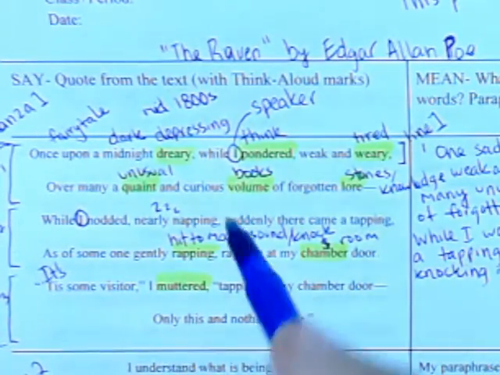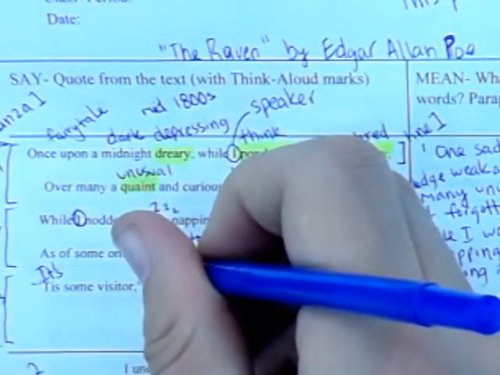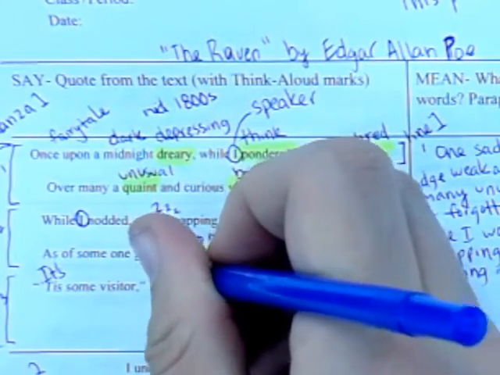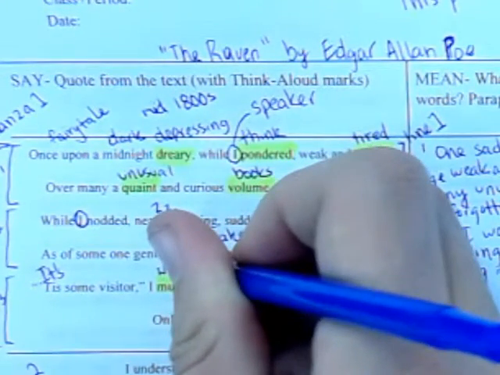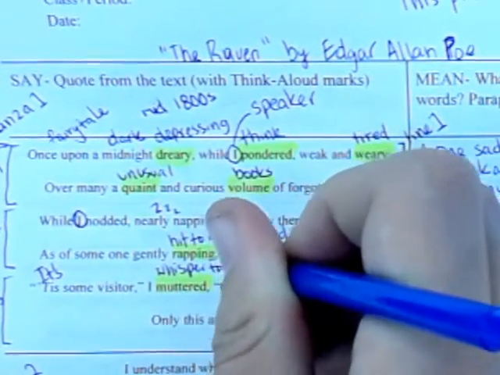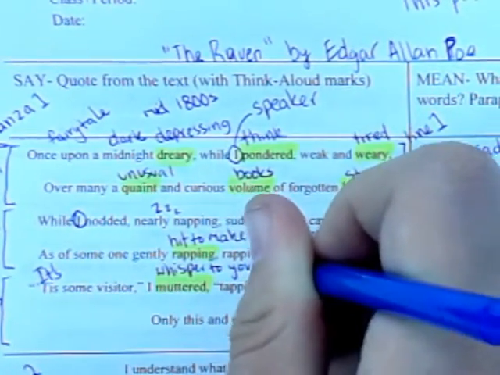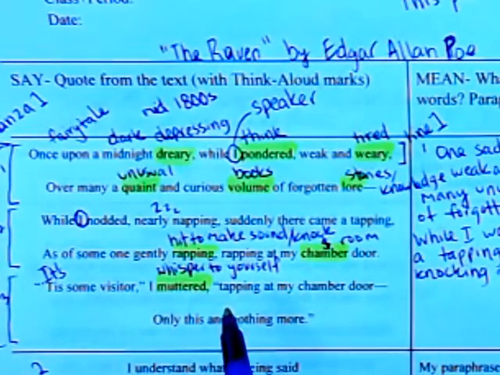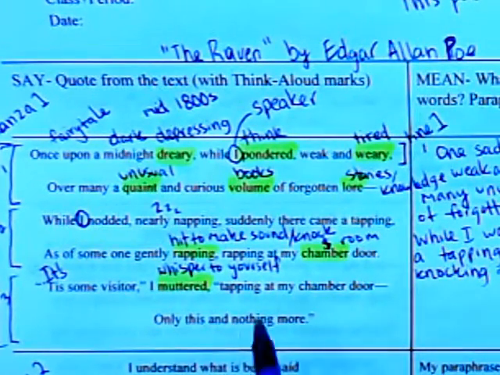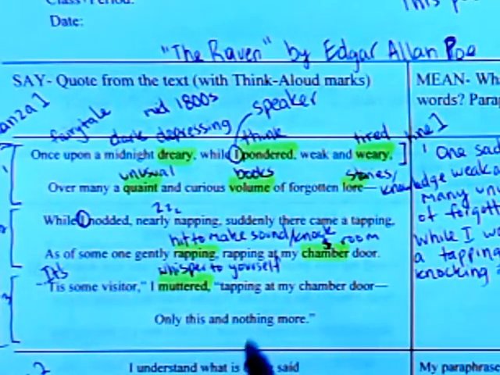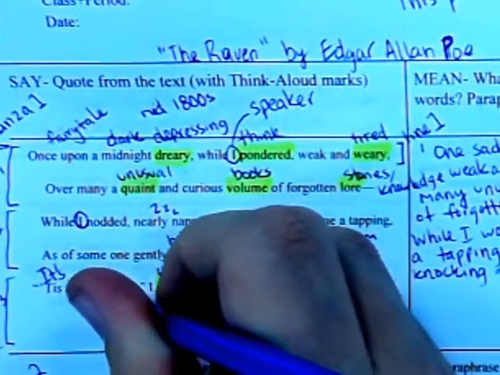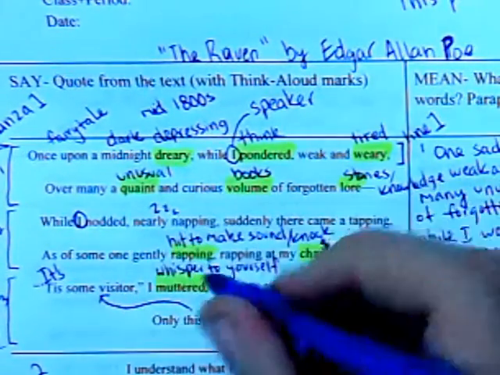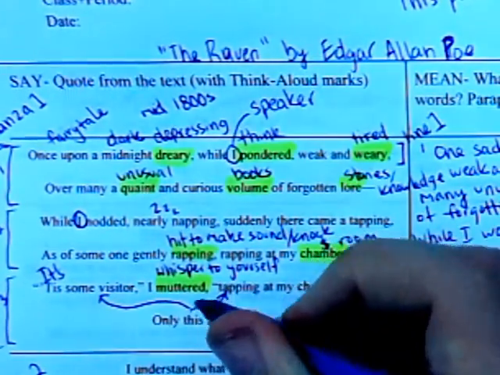So muttered means to basically whisper to yourself. "It's some visitor," I whispered to myself, tapping at my chamber door, "only this and nothing more." So when he says this, he's talking about the visitor tapping at his chamber door.